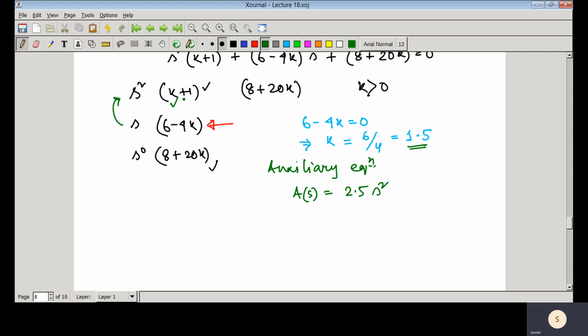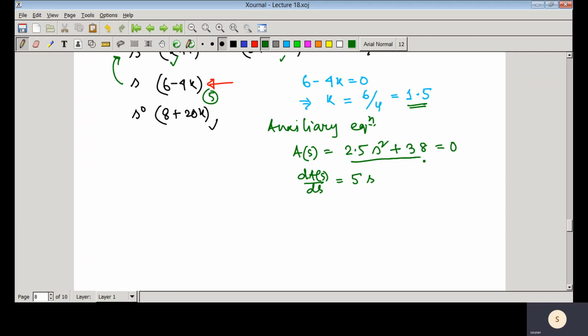So we have replaced the value of 1.5, that is 2.5 s square, and here if you replace k, you will have 38 equal to 0. So now you can take dA by ds equal to 5s.